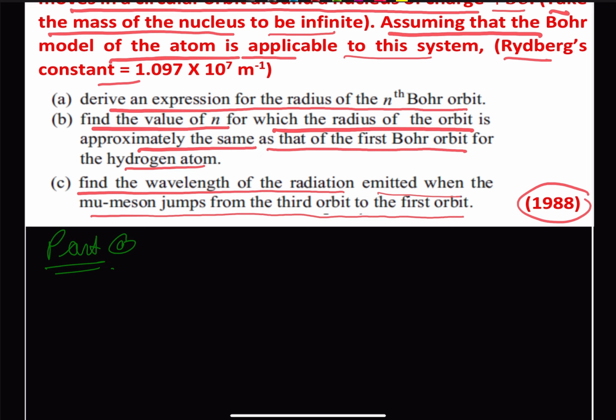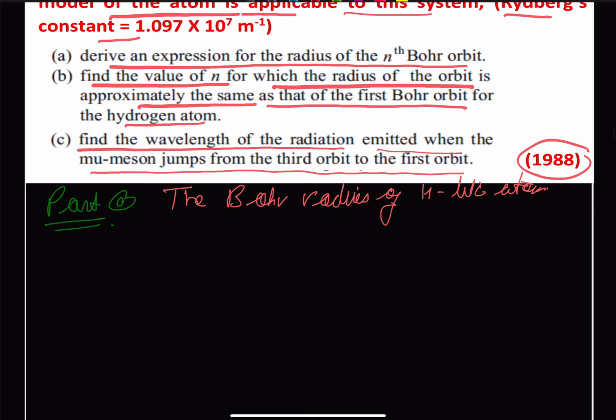So we are given that the Bohr radius of hydrogen-like atom, we know that it is given as R of n is equal to n square h square upon epsilon naught pi z m e square.